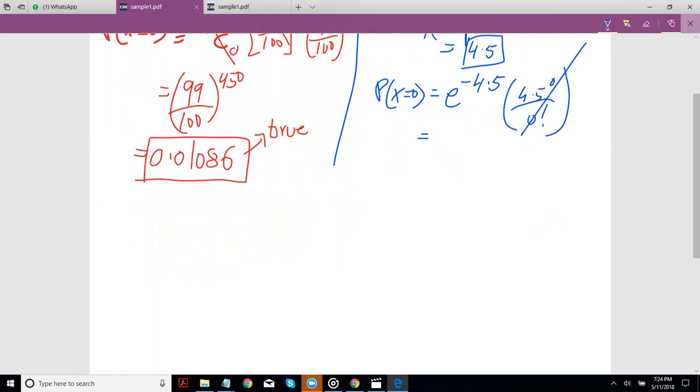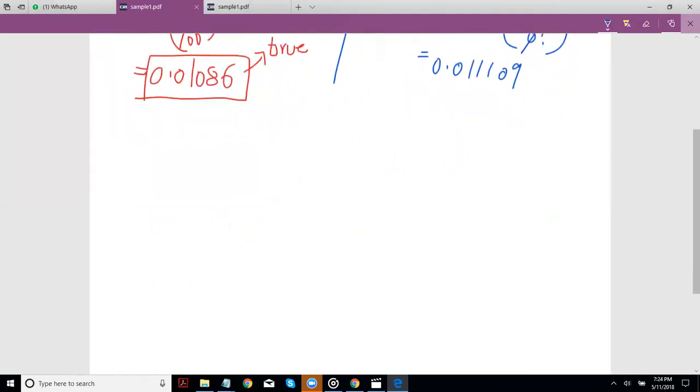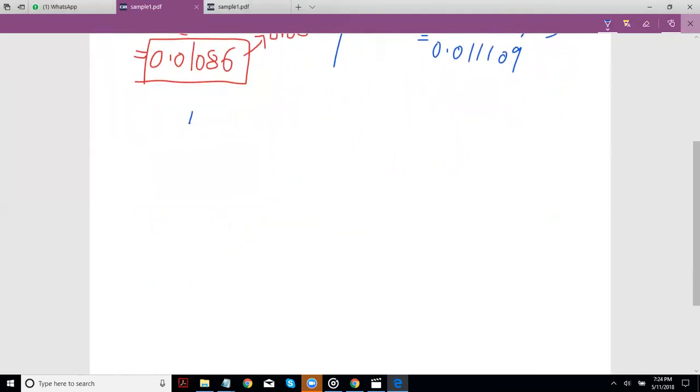So e to the power minus 4.5, and this also gives you some value, 0.011109.